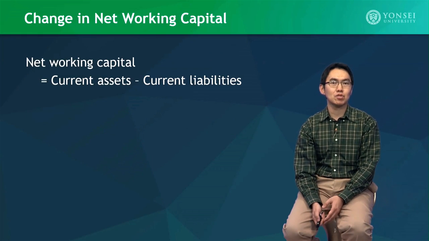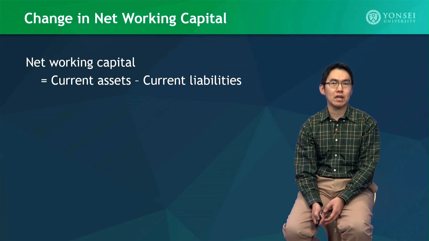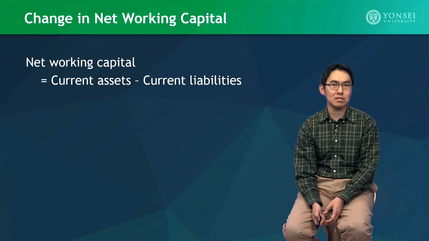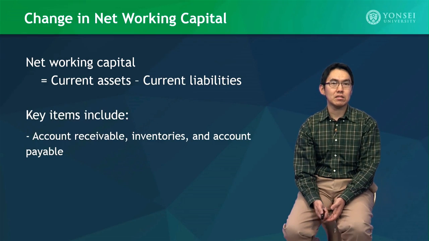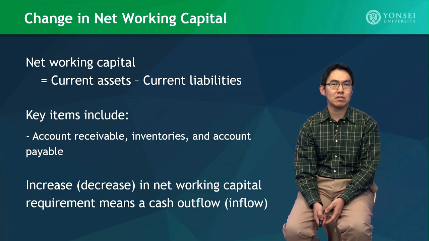We know that the change in net working capital affects cash flows negatively. A rough definition of net working capital is current assets minus current liabilities. And some important items in net working capital are account receivable, inventories, and account payable.